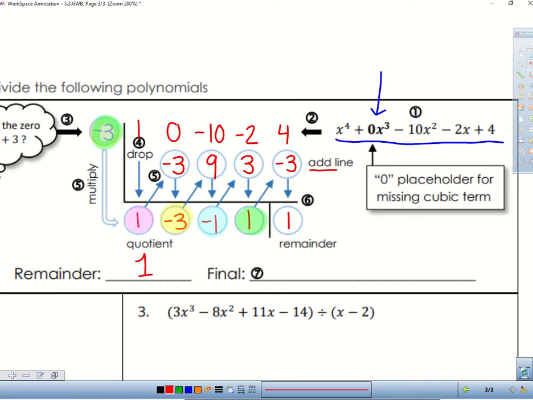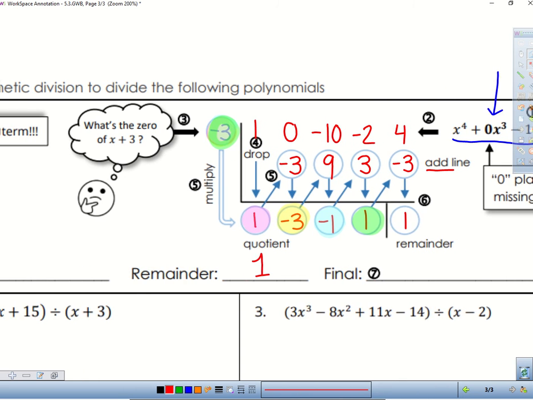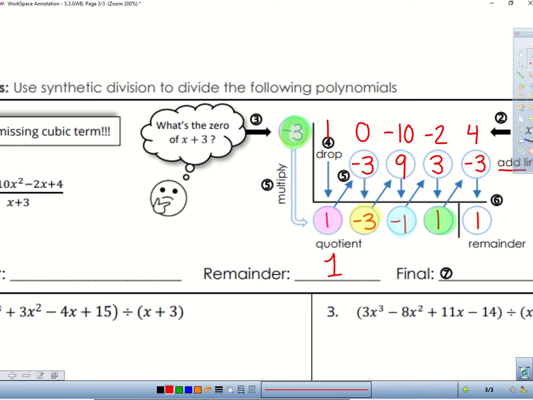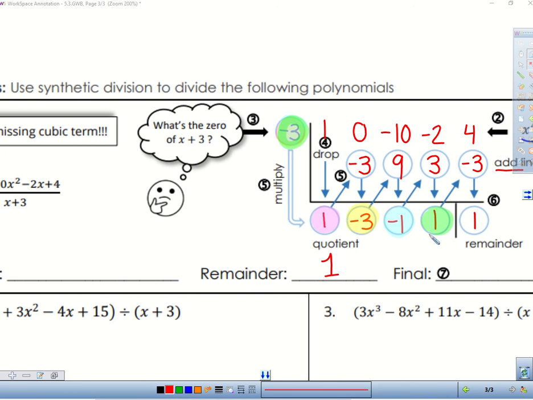Okay? Now, how do you write the quotient? I'll show you. You use these numbers. These represent the constant and the coefficients. The first number directly to the left of the remainder is always your constant. The number after that is always the coefficient of the x.